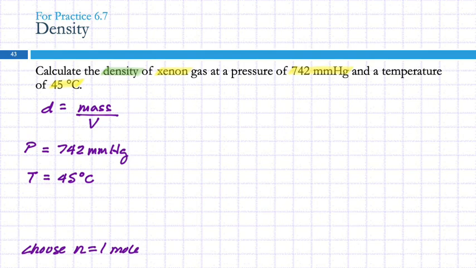What is the mass of 1 mole of xenon gas? It's up on the periodic table, right? 131.3 grams. That's the molar mass of xenon, that's the mass of 1 mole. What's the volume of this gas? Well, we have the information we need to calculate it using the ideal gas law.